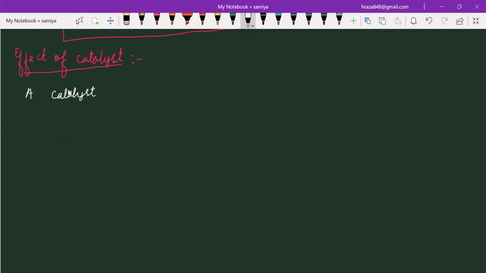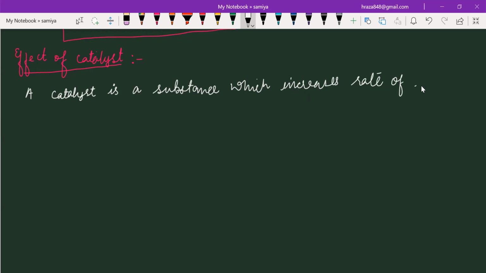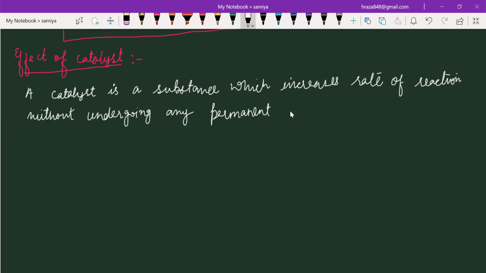A catalyst is a substance which increases the rate of reaction without undergoing any permanent chemical change itself.